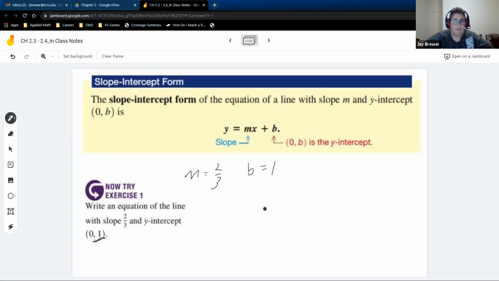So if we plug it into our equation, we're literally looking at y equals 2/3. Here, I'll even color code it for everybody. We're looking at 2/3 x for the slope plus 1.